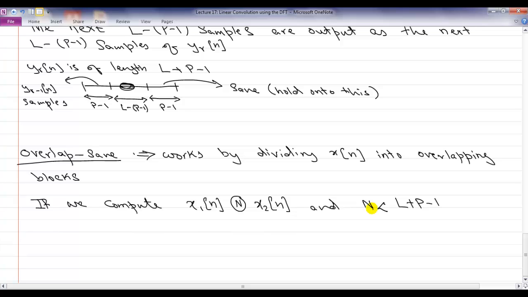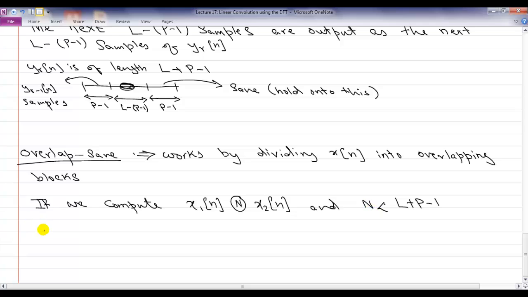Your circular convolution is not equal to linear convolution, but what does that do? You get aliasing. We talked about circular convolution described by the time-domain aliasing of linear convolution.